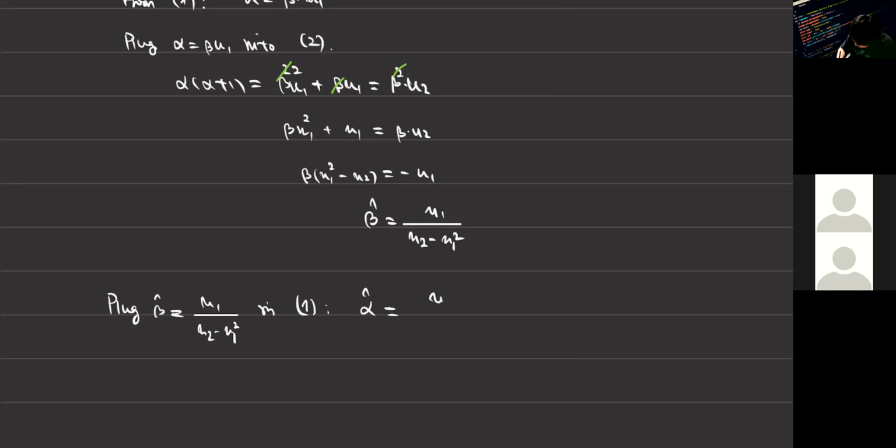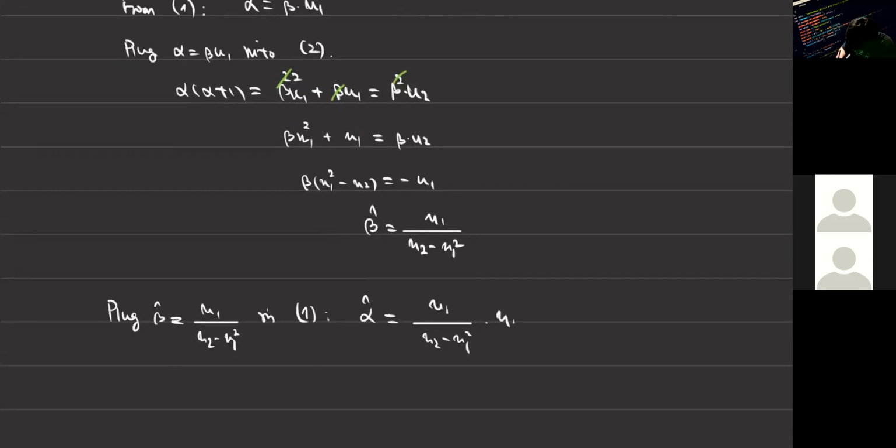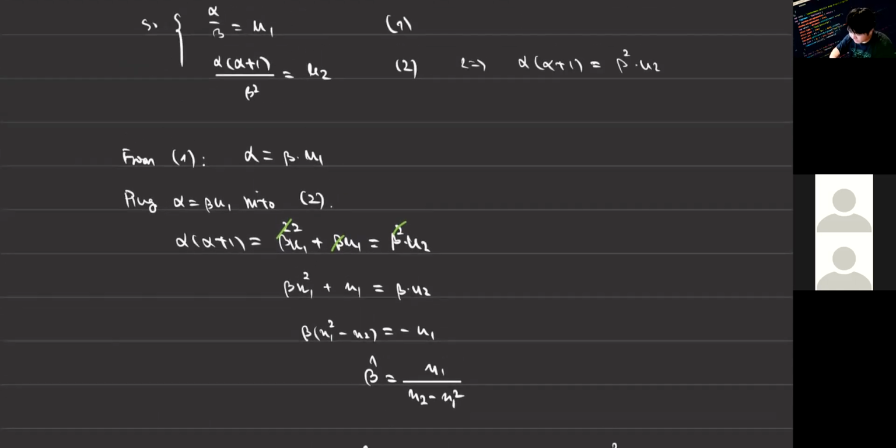So beta is this weird thing, so let's write that out. Mu1 over mu2 minus mu1 squared, times what are we timing? Times mu1. And this will give you mu1 squared over mu2 minus mu1 squared. All right. Okay, so that is going to be the method of moments estimator for the gamma distribution in this problem.